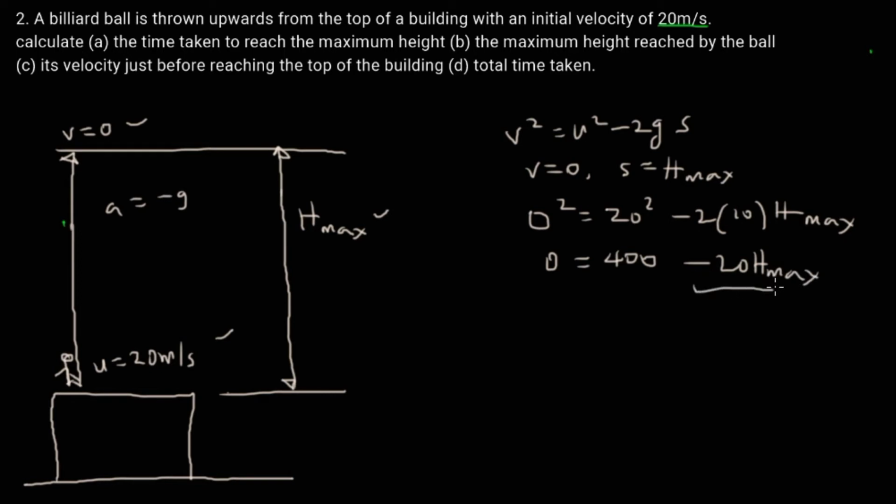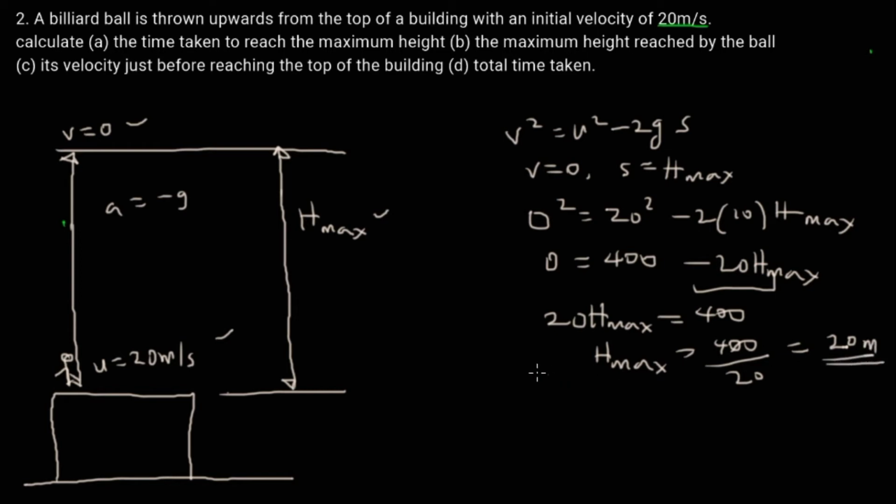If I take this to the other side of the equation, that will be 20 h max equals 400. So that h max is equal to 400 divided by 20, and that's of course equal to 20 meters. All right, so the maximum height is equal to 20 meters.